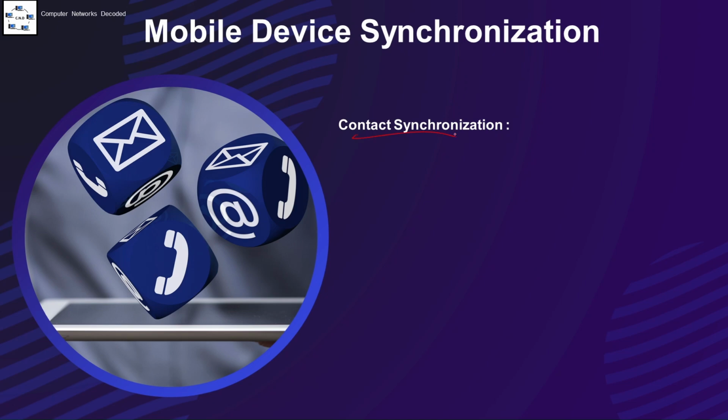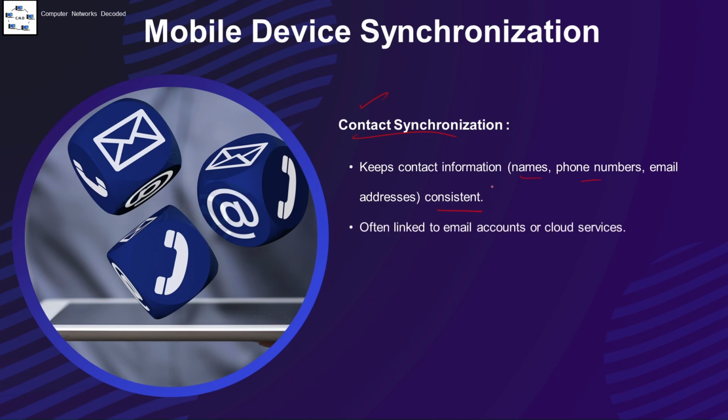Another synchronization feature is the contact synchronization, which is to synchronize your contacts. So this keeps contact information such as names, mobile numbers, and email addresses consistent across all your devices. So it is often linked to an email account or cloud services so that your contacts are synchronized to your cloud or to your email account.